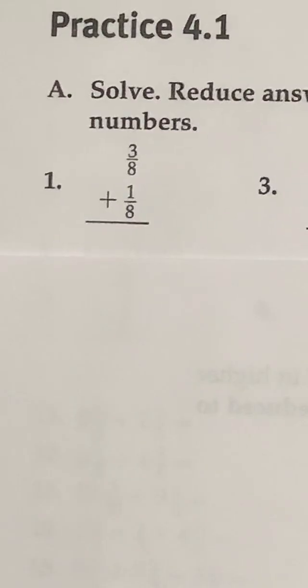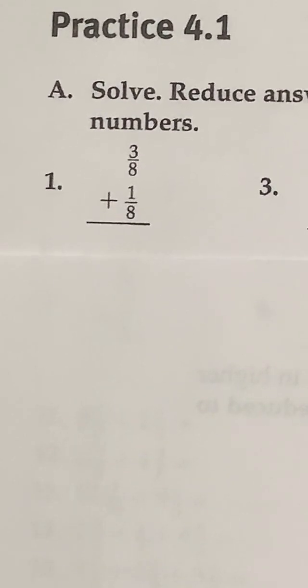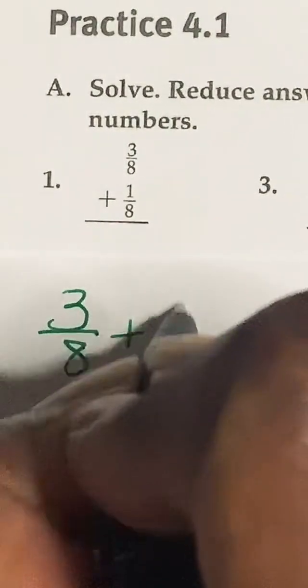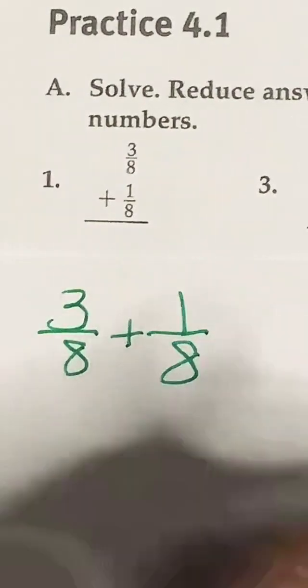We have to have a common denominator. Make the denominator the same. Good, same denominator. Yes, it has to be a common denominator. So in this case, I'm just going to rewrite it over here. We have our 3/8 plus our 1/8.